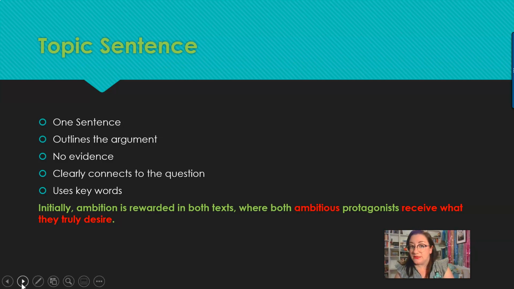Notice I say both texts there because I am going to talk about both texts in this paragraph. And you can see my red words: ambitious, receive what they truly desire, which is the opposite of being destructive. So that's my topic sentence.